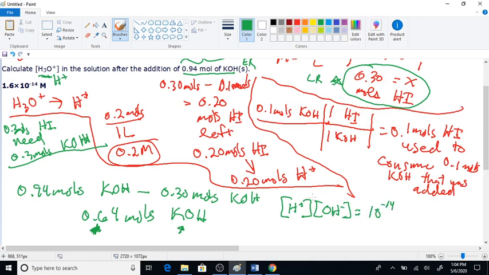So we know this, hold on, we got to divide by 1. If we divide by 1 liter, it's 0.64 molarity of the OH ions, because it's KOH and it's 1 to 1, 1 K plus and 1 OH minus. So this is our concentration, 0.64 molarity OH.